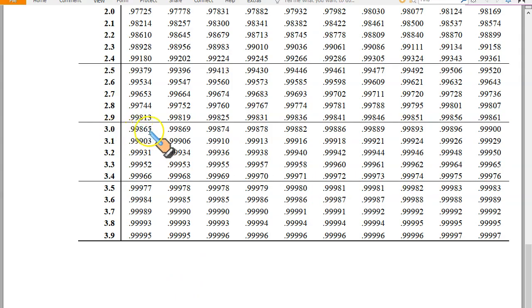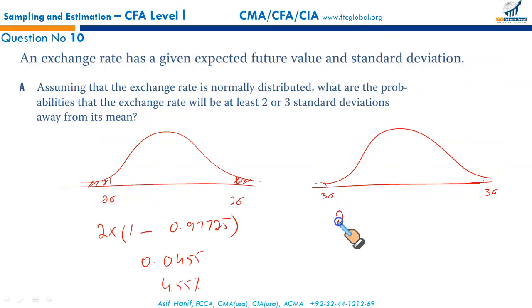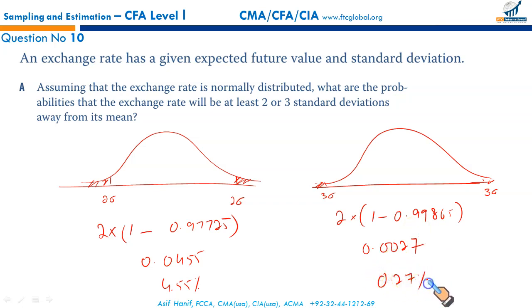For 3 standard deviations from the mean, it's 0.99865. It's going to be 2 times 1 minus 0.99865, and if you simplify this, it gives you quite a small number, 0.0027. If expressed in percentage, still small, 0.27%.